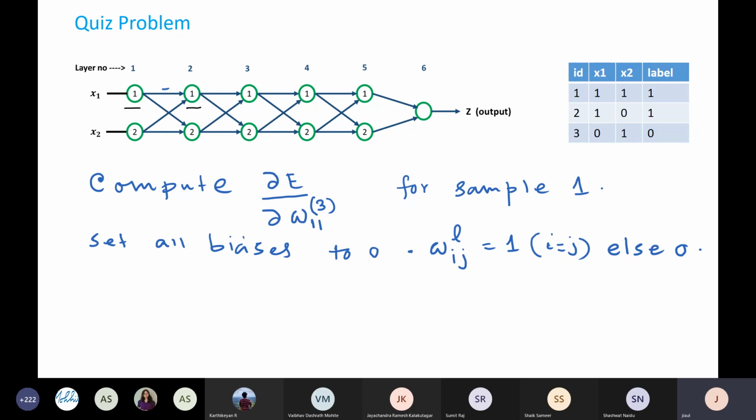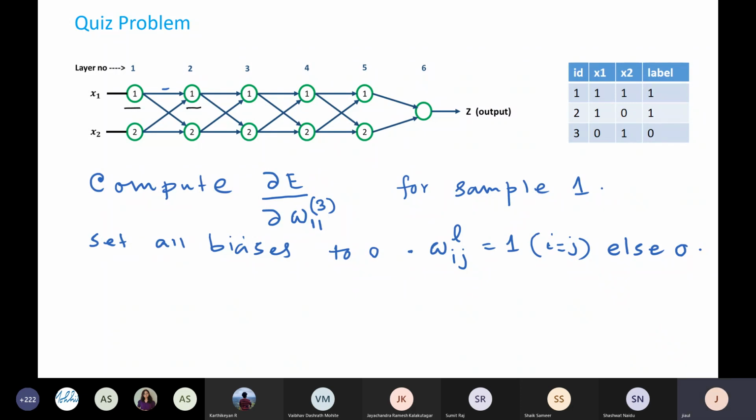In this example, you compute del E del W311 for sample number 1 only. For example, you are running mini batch gradient descent with batch size 1. So for the first example you compute this derivative, and for that of course you need the initial values of these parameters. Set all biases to 0.